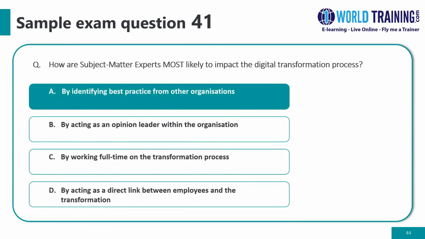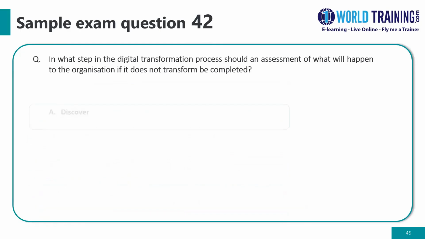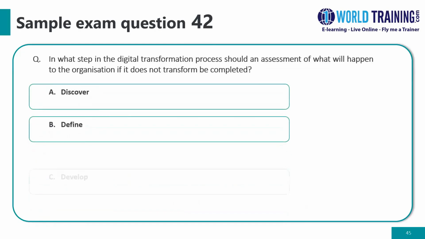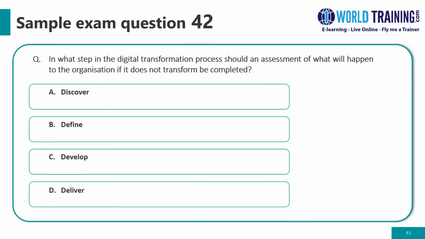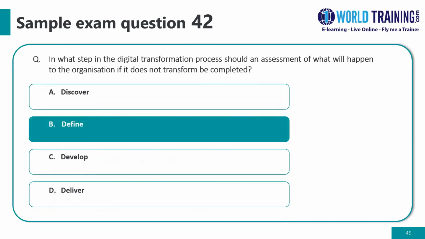The answer is by identifying best practice from other organizations. 42. In what step in the digital transformation process should an assessment of what will happen to the organization if it does not transform be completed? The answer is define step, which is option B.